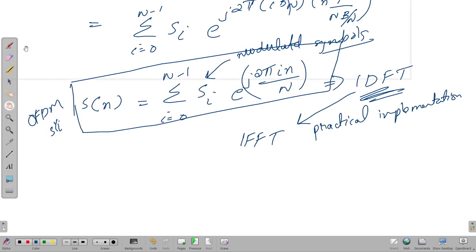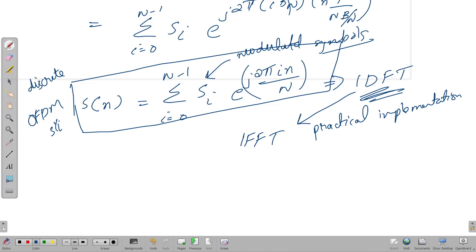And remember, this is the discrete OFDM signal. If you want to transmit, you need to make it continuous in nature. And how will you do that?